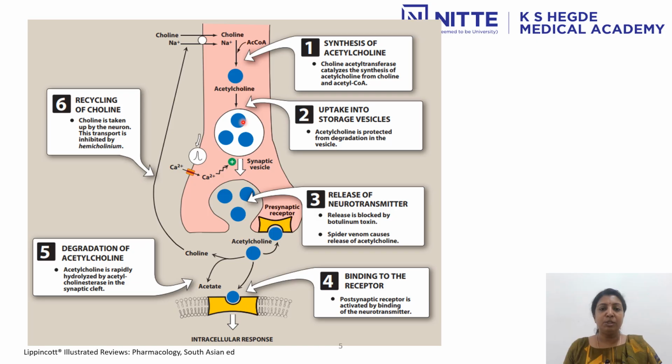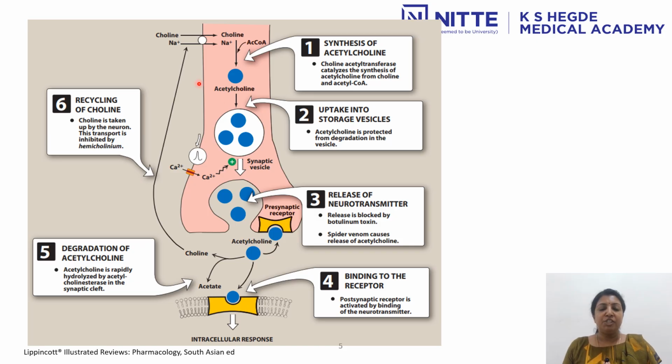Once it is formed, it is stored in the storage vesicles. For that, it is taken up into the storage vesicles using another transporter, called the vesicle associated transporter, and it is stored here till the third step, where there is release of neurotransmitter.